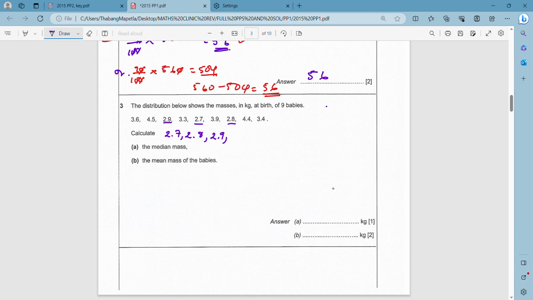We don't have a 3 here, 3.2 is not there, but 3.3 is here.